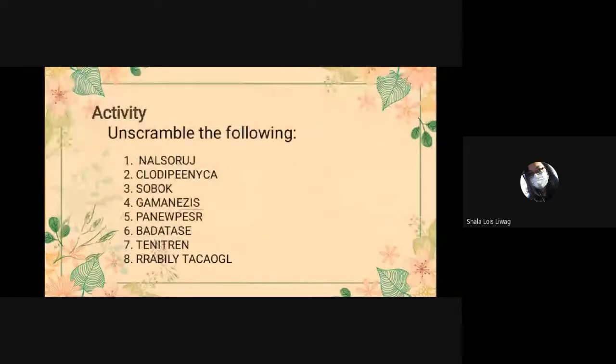Our objective is to recognize and use different information needed and search a topic using the sources provided. So let us answer this motivational activity as part of our lesson for today. Let's unscramble the following words. I also encourage everyone to participate and anyone could answer, just raise your hand.